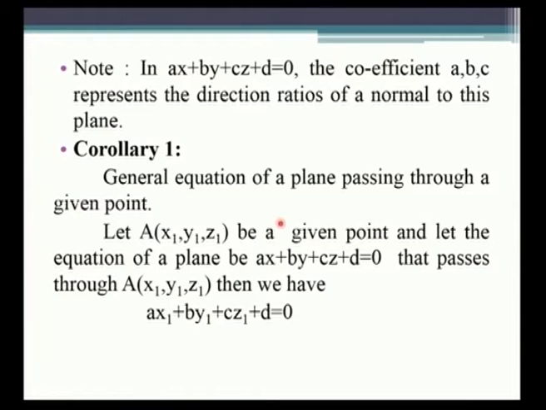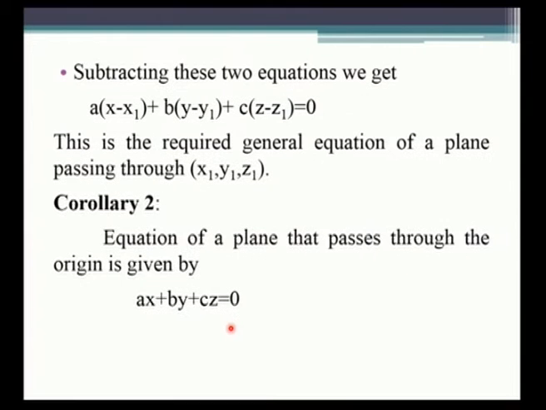Now, subtracting these two equations, that is ax plus by plus cz plus d is equal to 0 and ax1 plus by1 plus cz1 plus d is equal to 0, we get a into (x minus x1) plus b into (y minus y1) plus c into (z minus z1) is equal to 0.